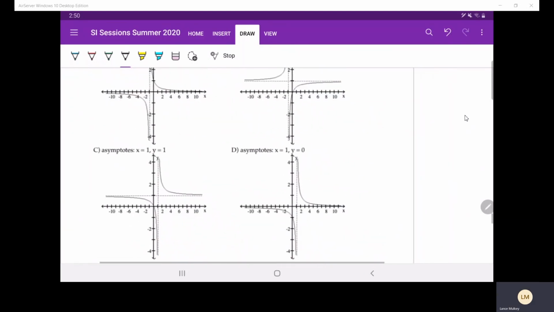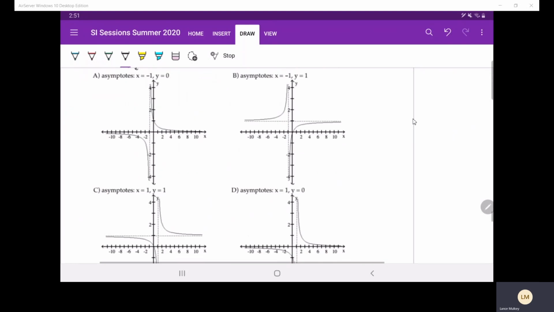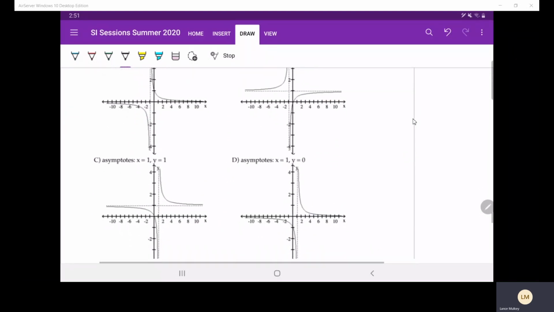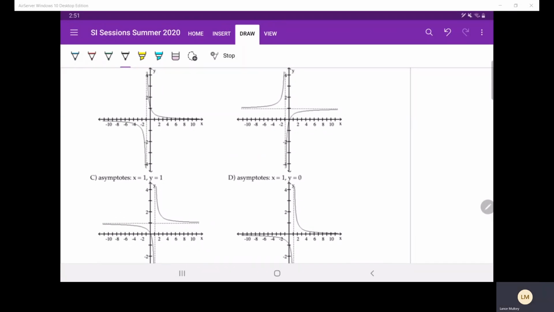Okay, so I have it right. That's what Desmos tells me anyways. So the graph looks like B, but it should be an asymptote at x equals 1, not x equals -1. I'll even show you guys.